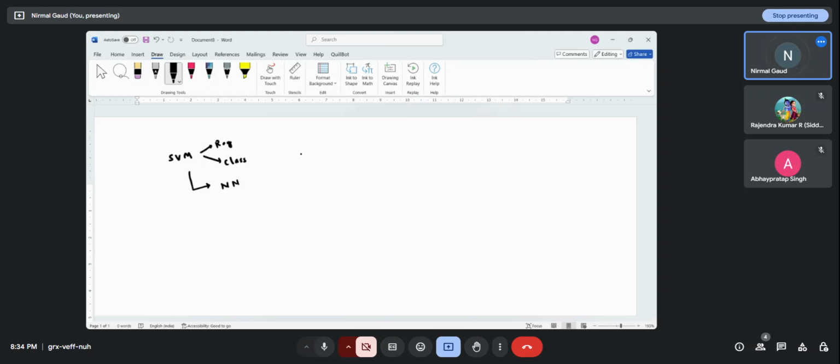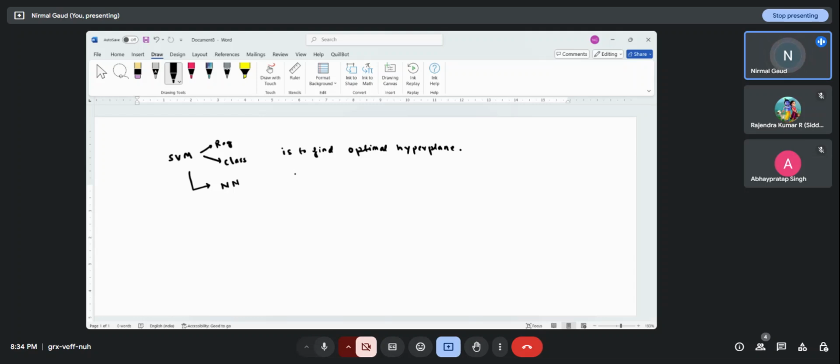Okay, and the goal of support vector machine is to find the optimal hyperplane. Okay, optimal hyperplane. That means we have to divide data points, and these data points are divided by a hyperplane.